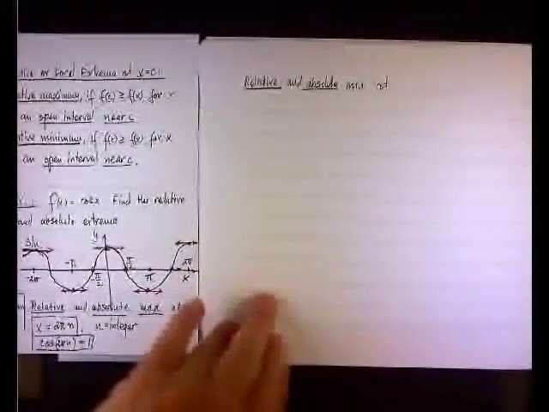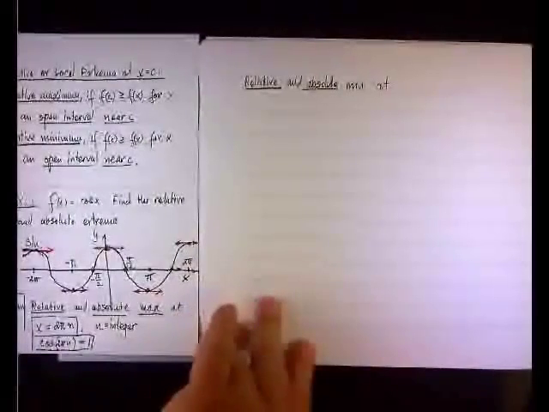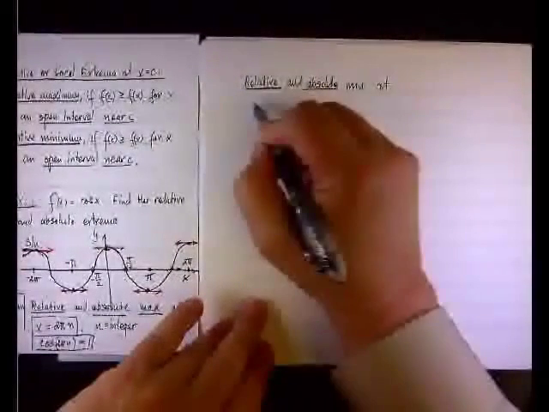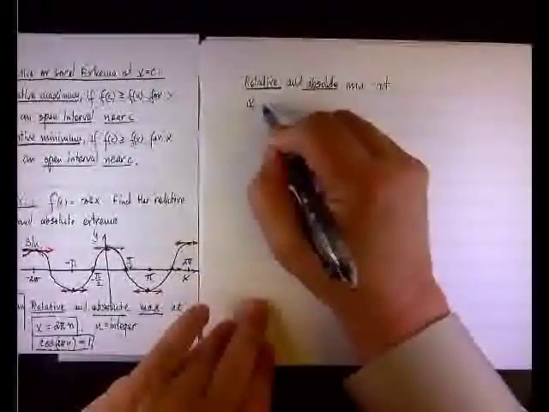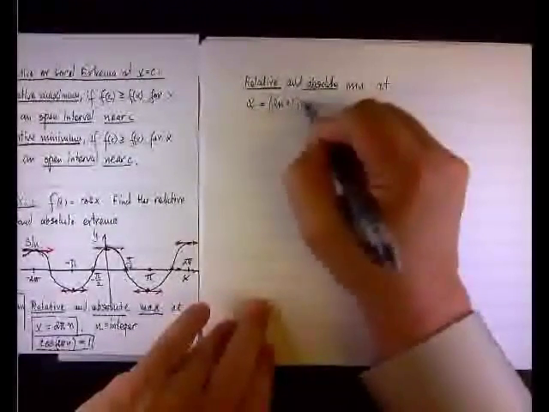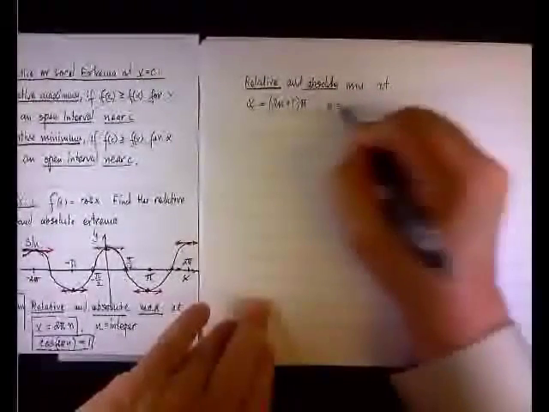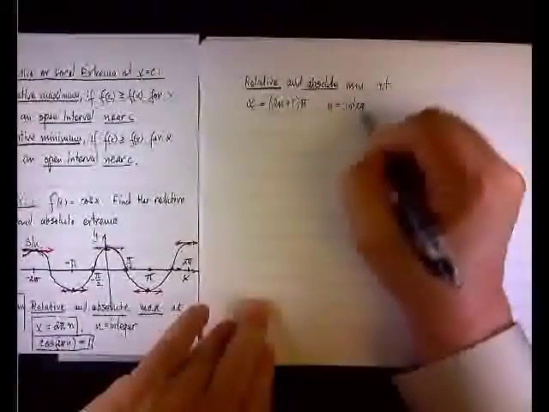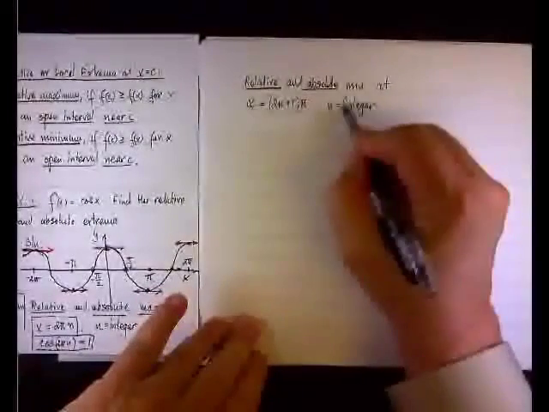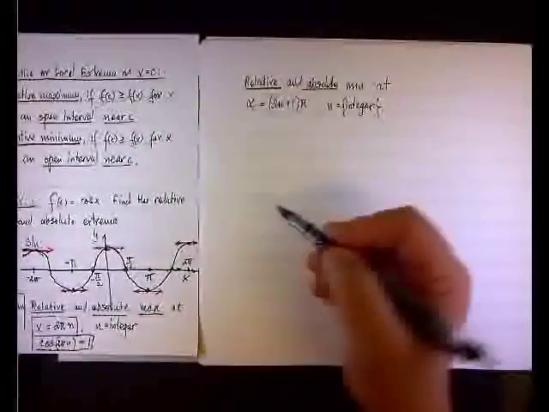The generator, the device that generates all the odd integers, is 2n plus 1. So we're going to say that we'll have x equals 2n plus 1 times pi. Again, n equals an integer, or the set of integers. So I need to write it in set form.